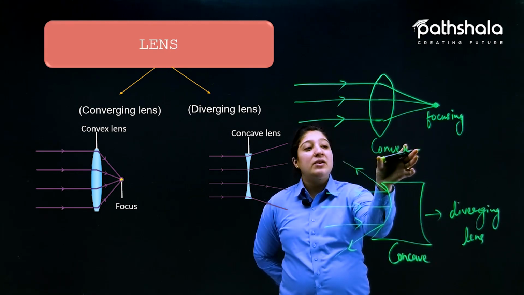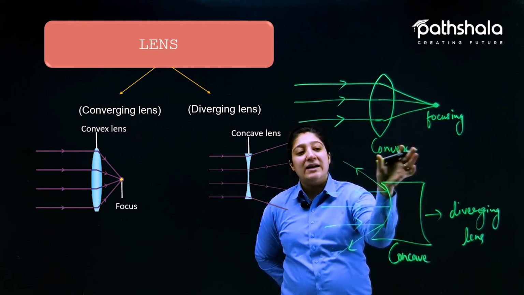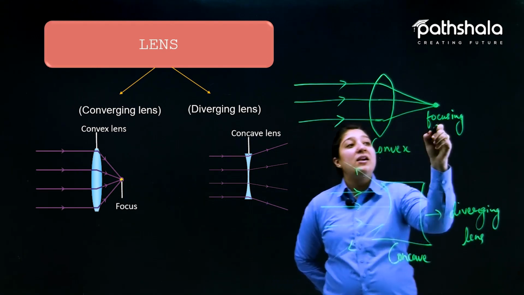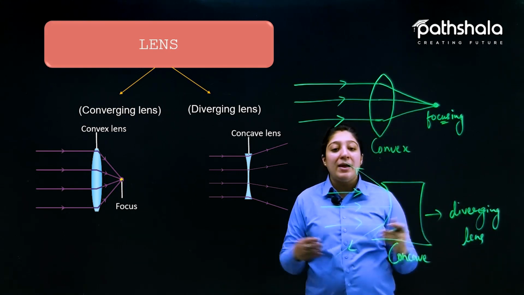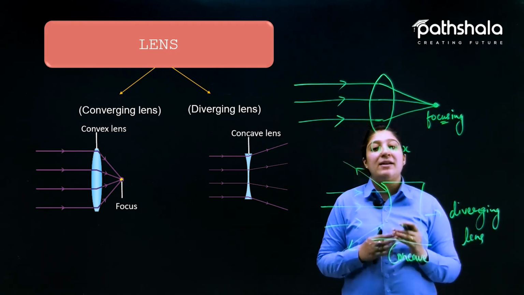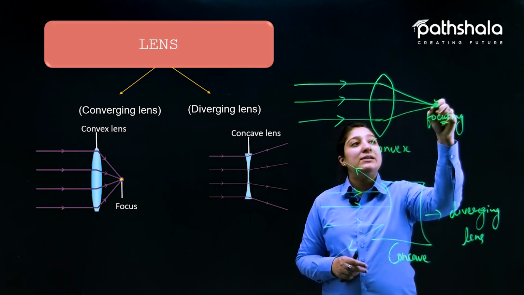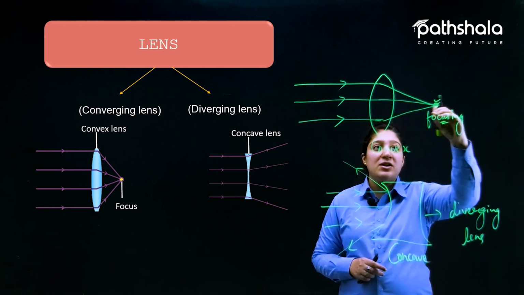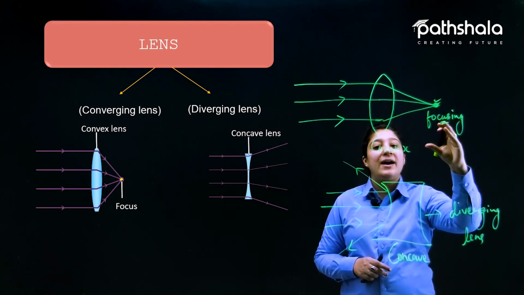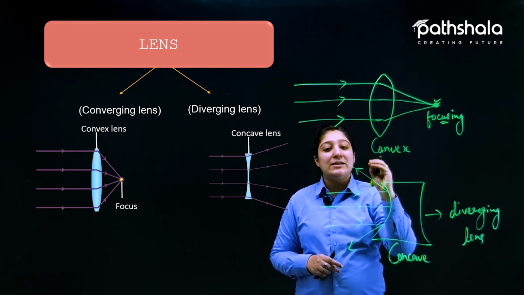But in the case of converging, it is convex, as what the convex lens does is the focusing part, that is, it converges or meets all the light rays that are passing through it. It meets at a point or focuses at the point, or we can say that it converges the light rays, and because of that, the convex lens is known as a converging lens.